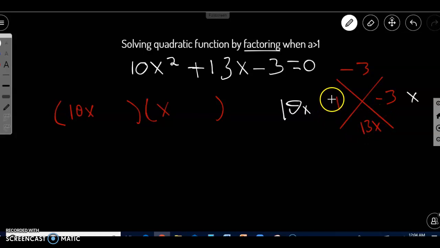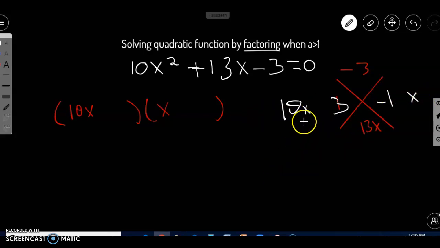Let's switch. We can switch 3 here and maybe put 1 here, which can be negative. Here gives us 30x. 10x times 3 gives us 30x, and then this gives us 1x. So when we subtract, we're getting 29.